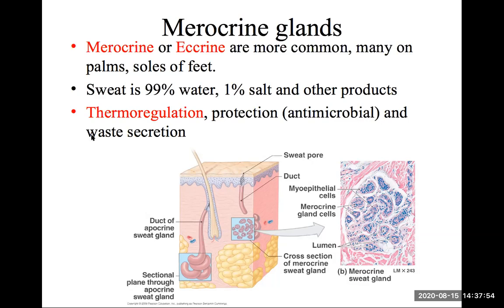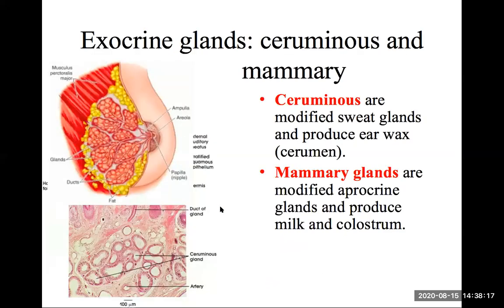And as I mentioned before, there is this idea of waste secretion, getting rid of extra nitrogen in the form of urea. That's one of the functions of sweat. So remember, these merocrine sweat glands just go straight to the surface of the skin. There's a little pore right here. And the apocrine sweat glands are associated with the hair. All right.